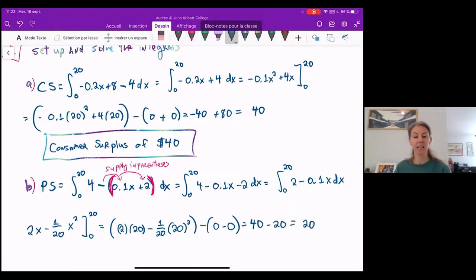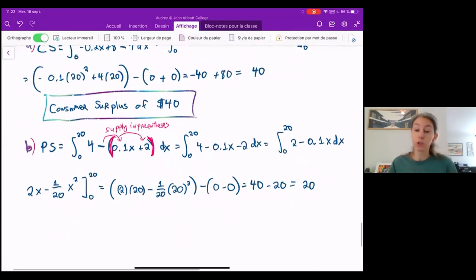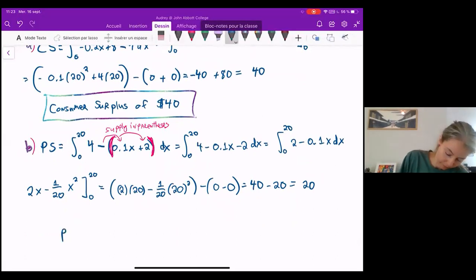So in this case, that 20 is my producer surplus. Good news, I got a positive value. So the producer is gaining a benefit of $20. The producer surplus is $20. That's $20 that they're receiving that they would have been willing to not receive. So the producer surplus is $20.